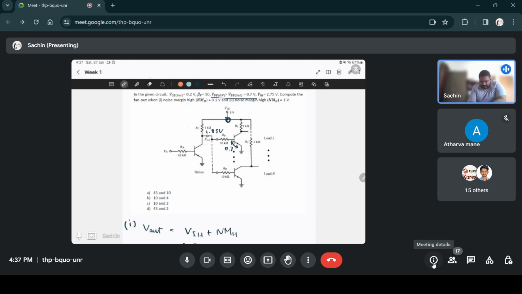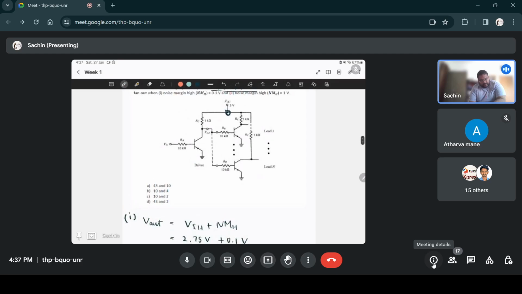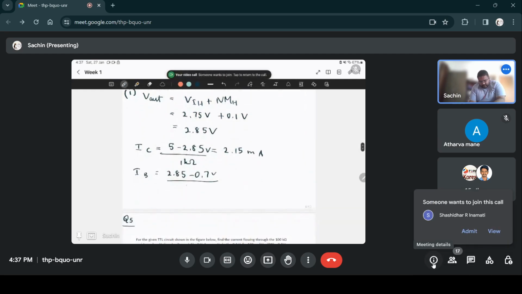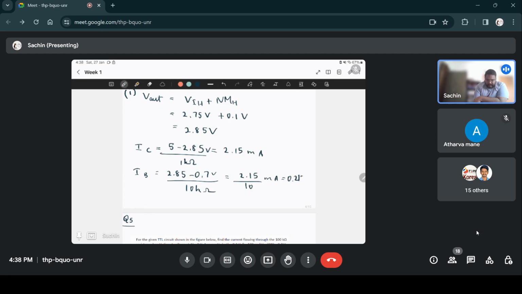So the voltage drop across the base resistor RB is 2.85 minus 0.7. The current flowing into each of these transistors will be the voltage drop divided by the base resistance, which is 10 kilo ohms. And this is nothing but 2.15 divided by 10 milliamperes, just 0.215 milliamperes.